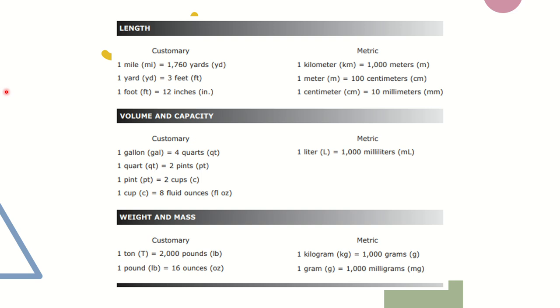When you go from a large to small unit, you're going to multiply. And vice versa. When I'm going from a smaller unit to a larger unit, I would divide. And I would just simply do that for each unit.